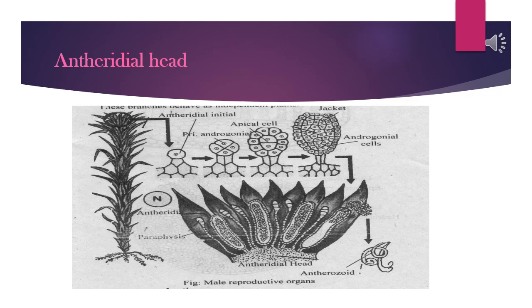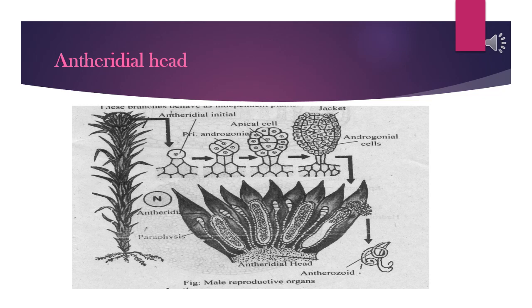You can observe this characteristic in this diagram. A mature antheridium looks like a club-shaped structure. It is composed of a short stalk and a club-shaped body. That body is covered with a jacket.